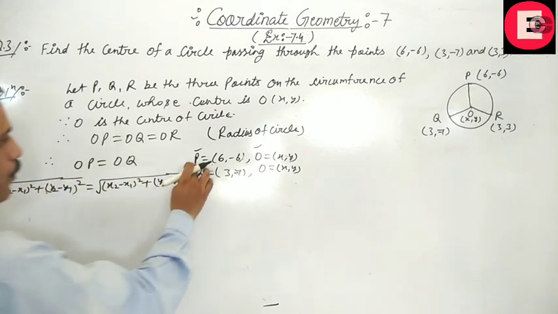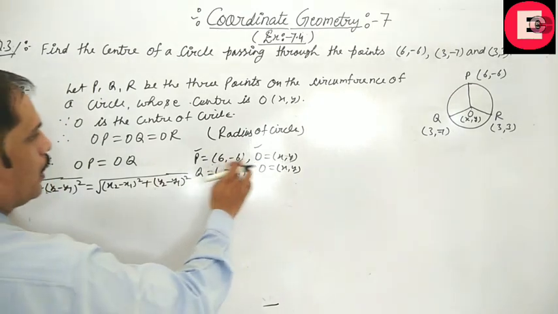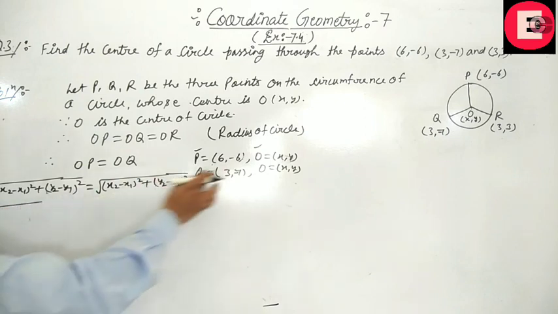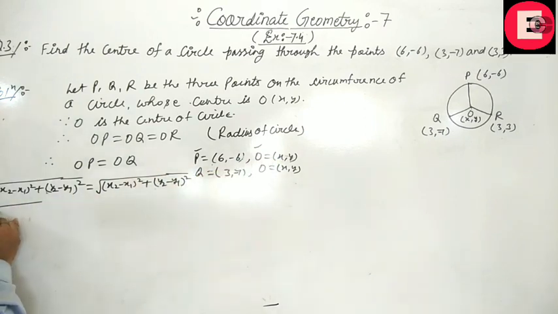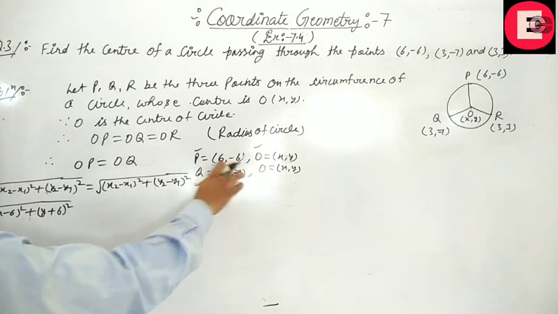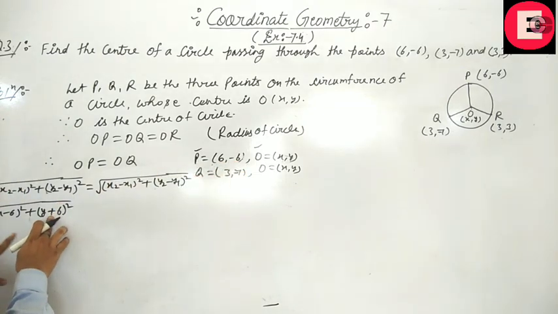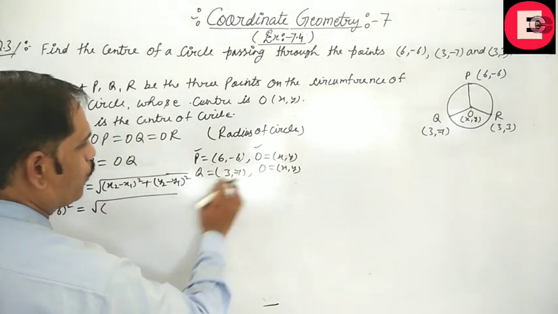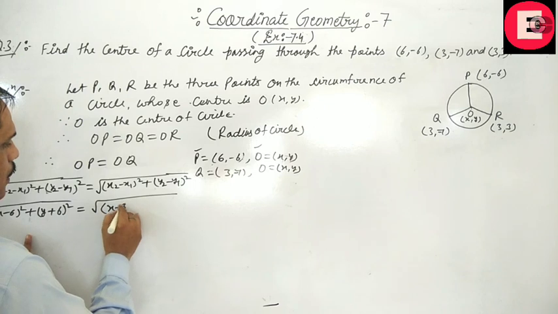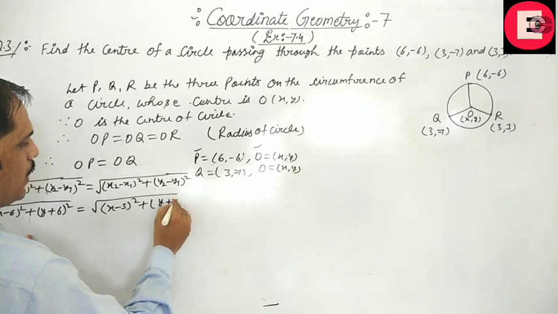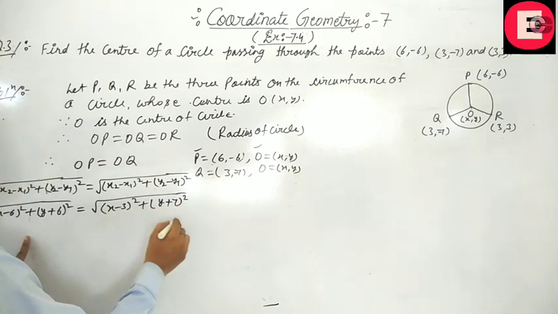Putting the values for OP: x minus 6 square plus y minus minus 6, so plus 6 square, because y1 is minus 6. Now for OQ: x minus 3 square plus y plus 7 square.